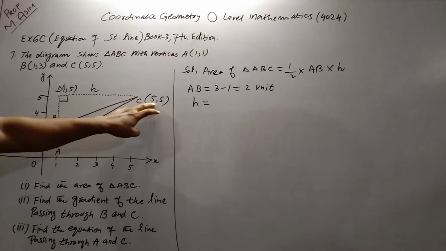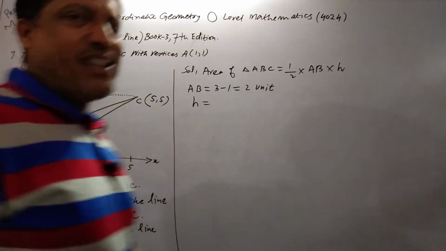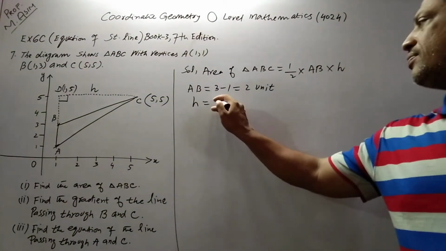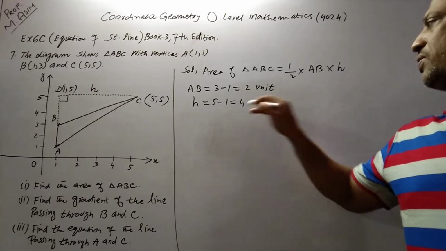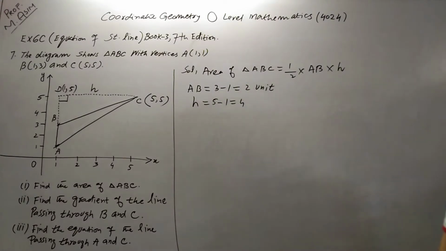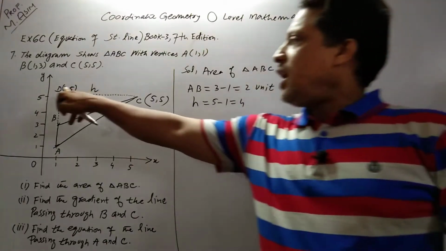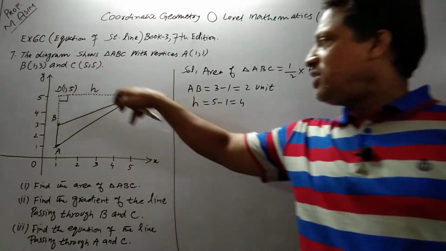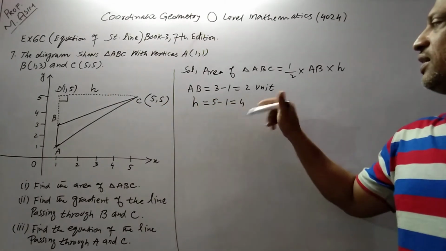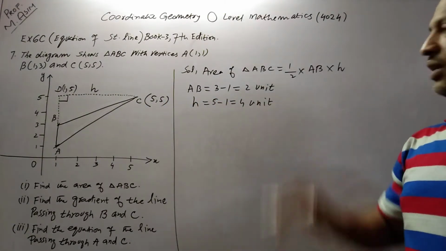Therefore we just take 5 minus 1, subtracting both x values, which is 4. And if you apply the distance formula for D and C, you will get again the same answer, 4 units.